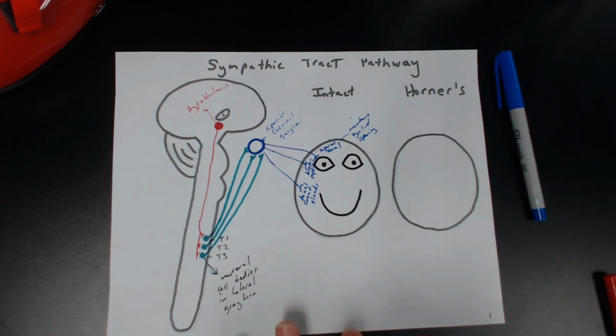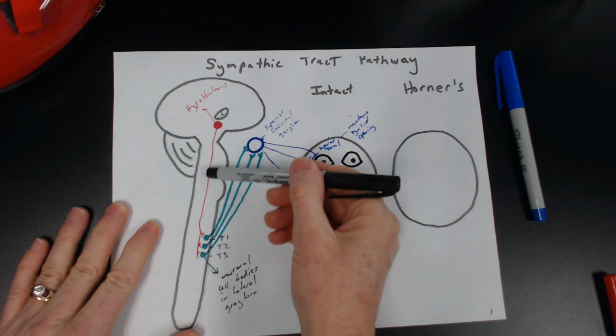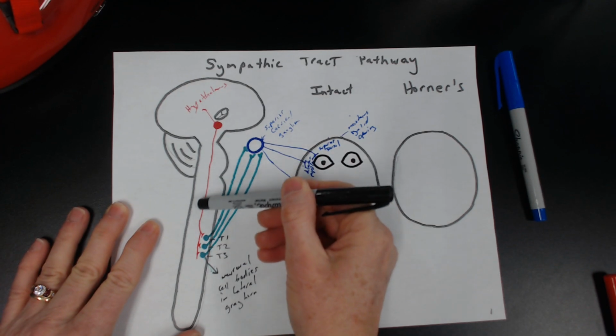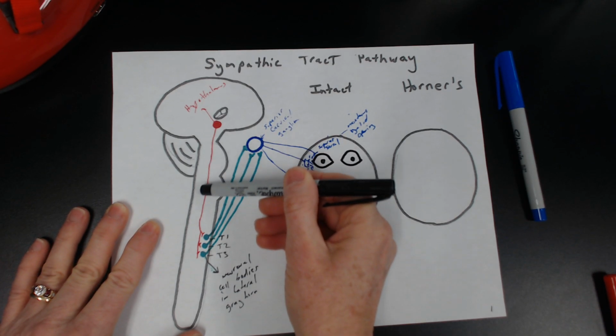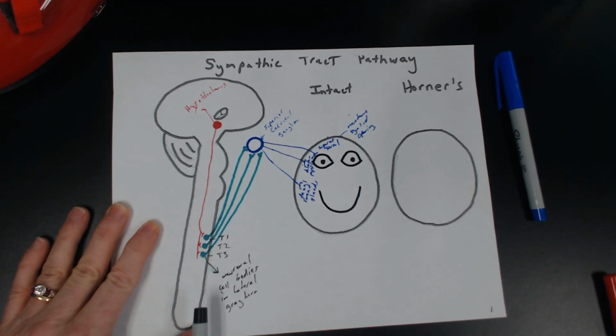Now let's look at somebody who has Horner syndrome. Horner syndrome is a disruption anywhere in these three regions. You can have a disruption here due to a spinal cord injury. You could have a brainstem stroke. Anything that disrupts this sympathetic tract pathway right here is going to cause symptoms of Horner syndrome.